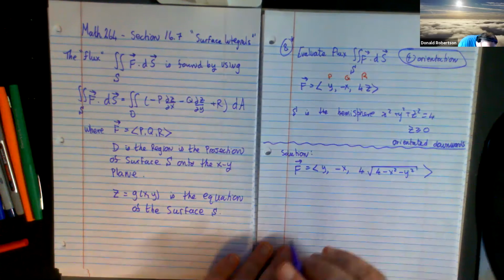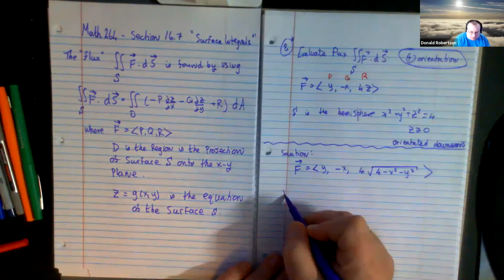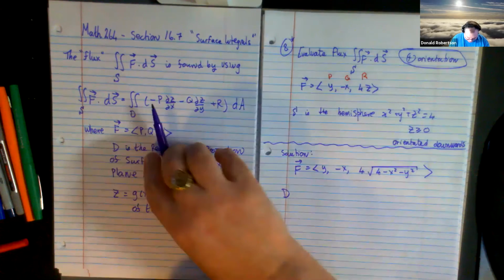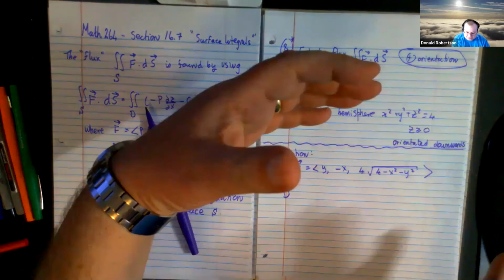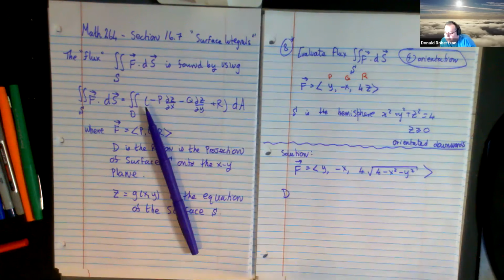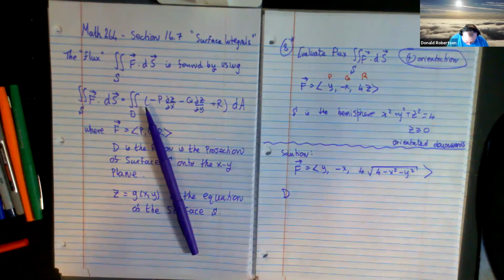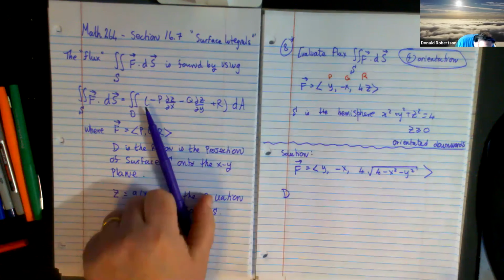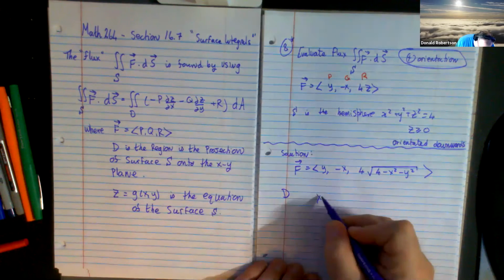I need to know D. Right, visual. Can you imagine a sphere being sliced at Z equals nothing? Isn't Z equals nothing the XY plane? Yes. Right? So if you take a sphere and you drop it down to the XY plane, isn't D just that?